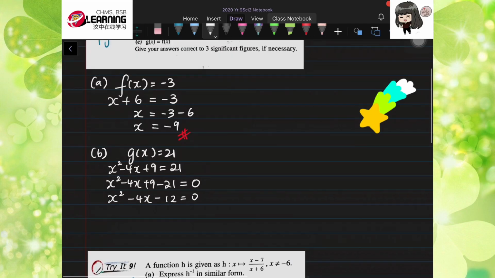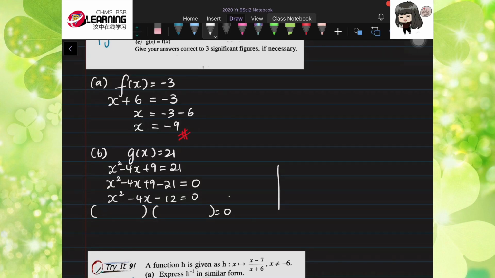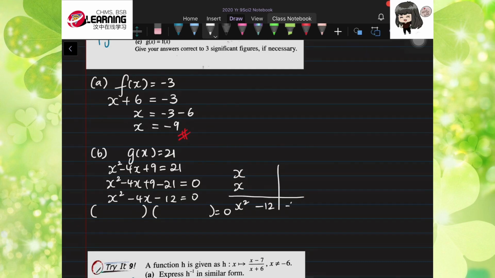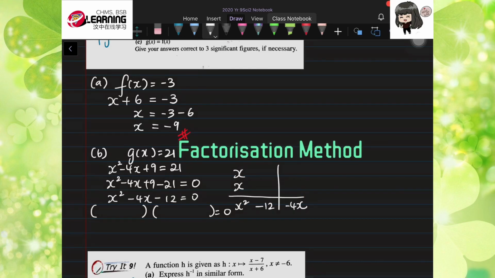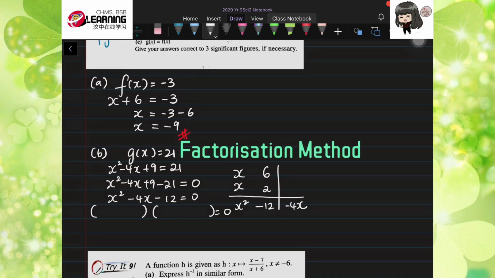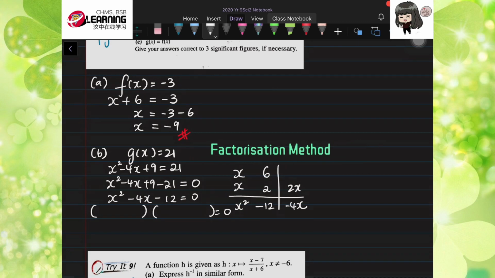From here we can use the factorization method to find the answer. You can pause this video and try to figure out the factorization method here. I will show you. We have x times x, which is x squared, and the product is 12, so it's 2x and 6x.